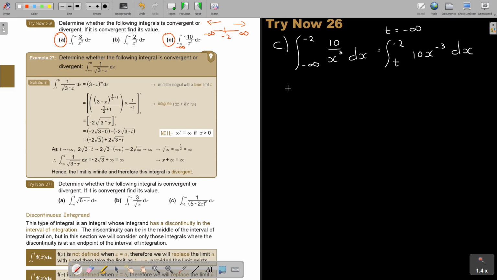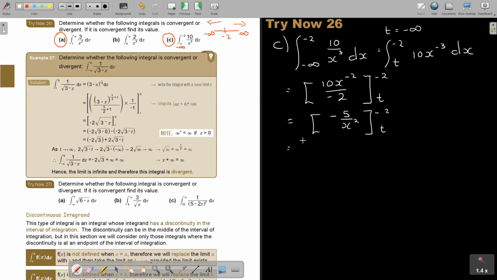So if I'm going to integrate, I'm going to say 10x. If I add 1, it's negative 2. I divide by negative 2, and I'm going to write negative 2, and now it's t. Okay. And now I'm just going to simplify it. So this is going to be negative 5. Do you agree? Negative 5 over x squared.